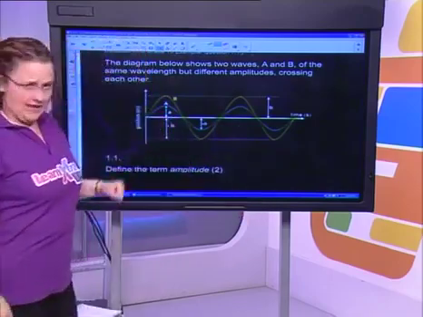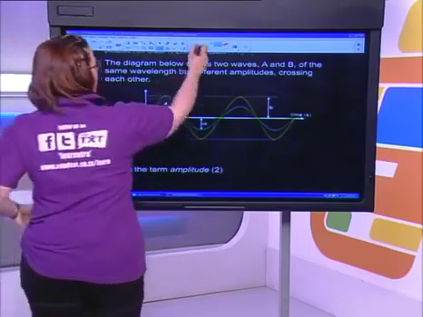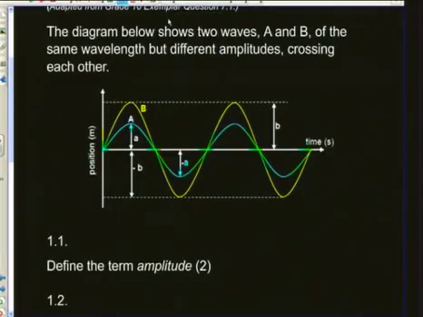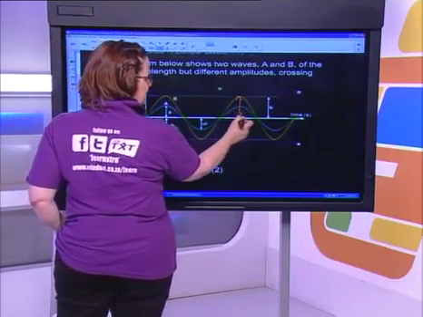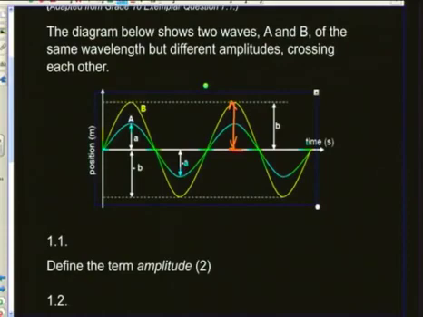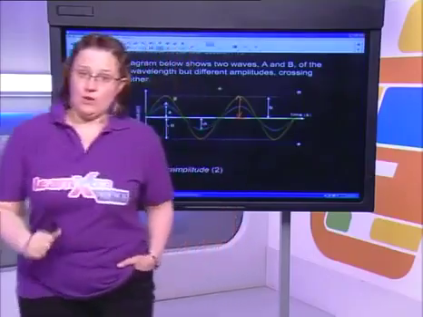Two marks for the amplitude. Now the amplitude, okay, in terms of our diagram, is the distance from the rest position to maximum height. Okay, so it's the distance from the rest position, the equilibrium position, to the maximum height or the maximum displacement of the wave.